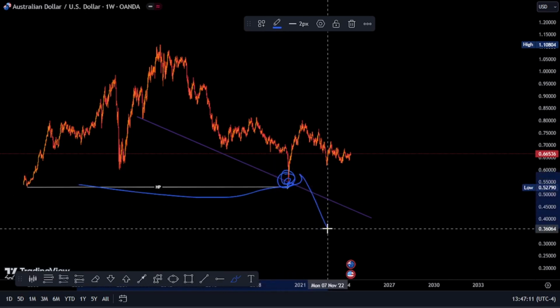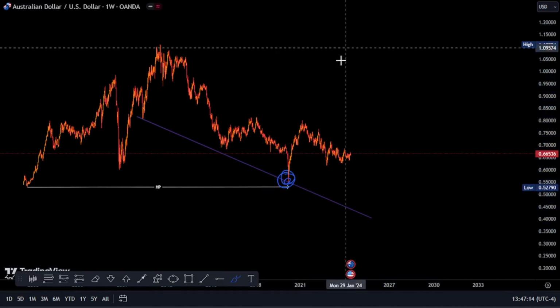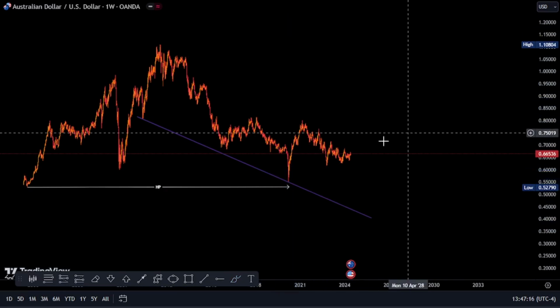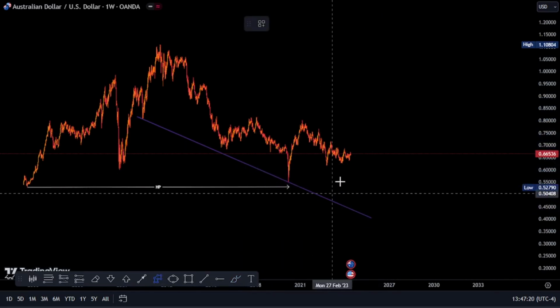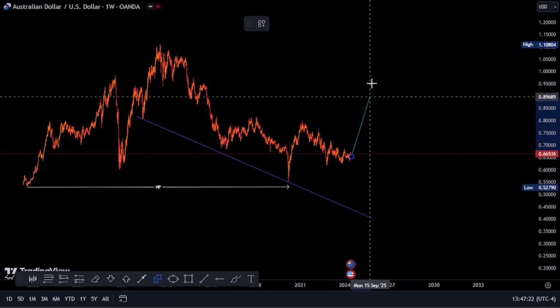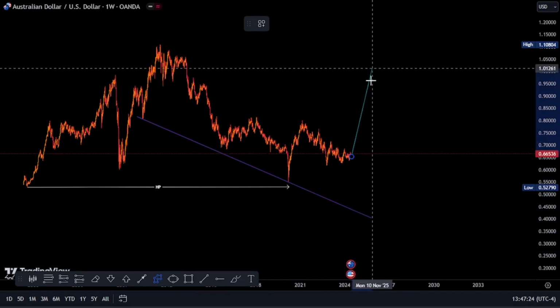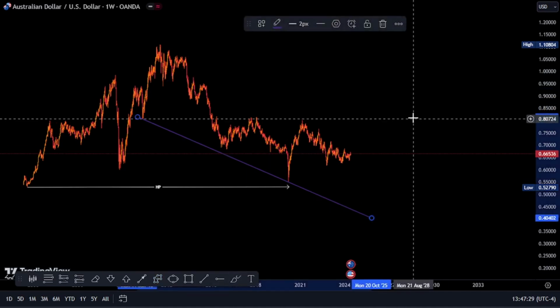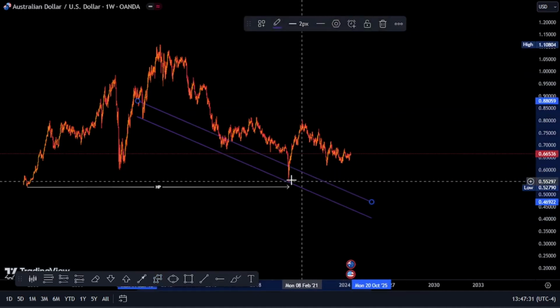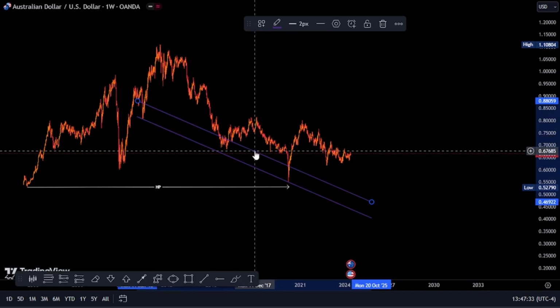The market comes down and then moves up, and then we move. So how do we go about that? For me to know where the market will move to the upside, I need to clone this. I clone after I identify the first and second touch.